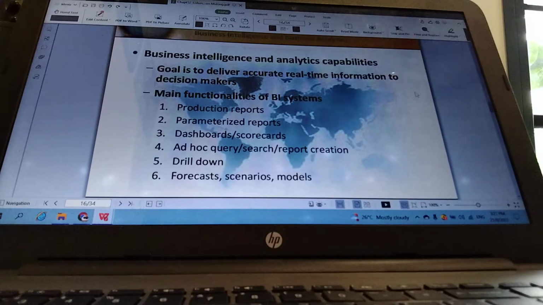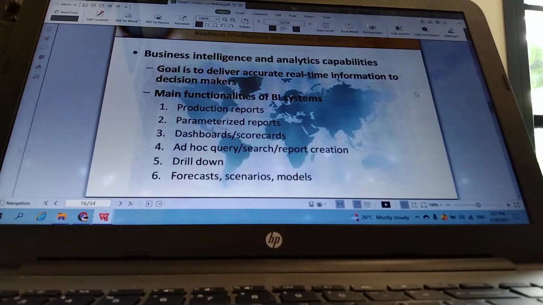Moving on, we're going to look into BI and BA capabilities, where the goal is to deliver accurate real-time information to decision makers. Some of the main functionalities of the BI systems are listed in this slide for your information.